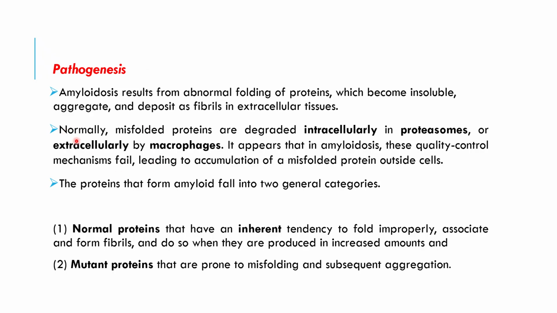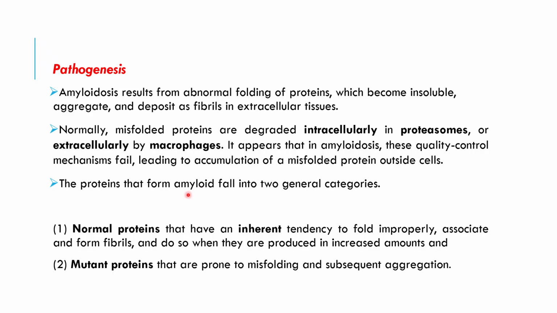Firstly, normally the proteins which are misfolded are degraded intracellularly in the proteasomes and extracellularly by the macrophages. In amyloidosis, it appears that this quality control mechanism fails, leading to the accumulation of the misfolded protein outside the cell.